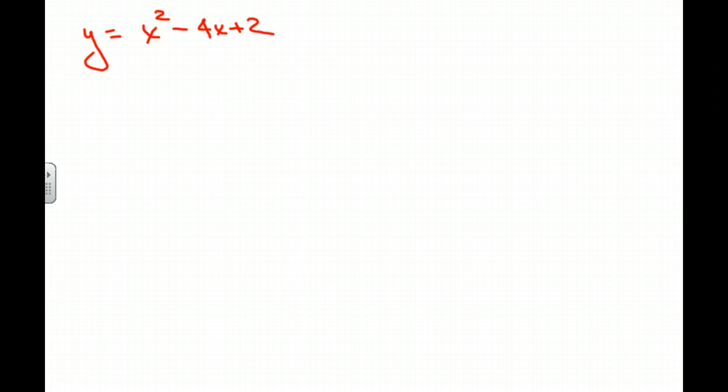Okay. First step. Write the equation in standard form. So it has to be in this form. ax squared plus bx plus c equals y. Okay? Once it's written in that form, now you can start getting information from it. So, 1, does it open up or down?